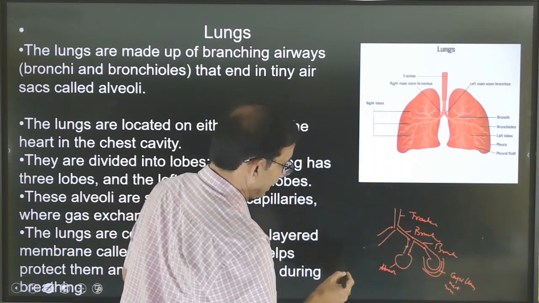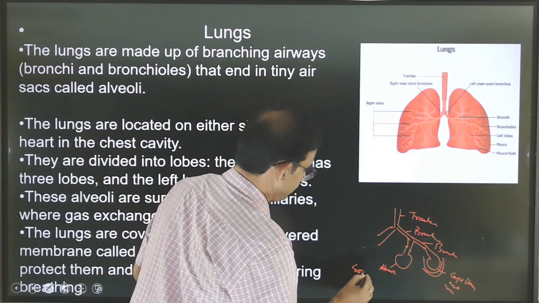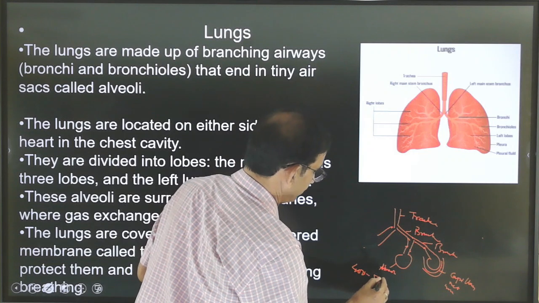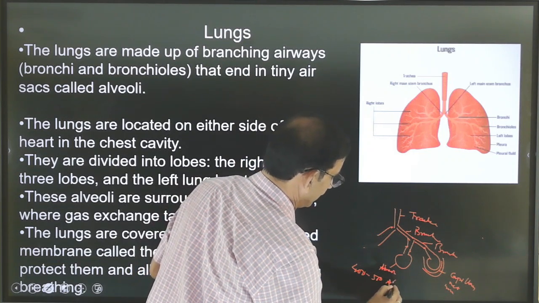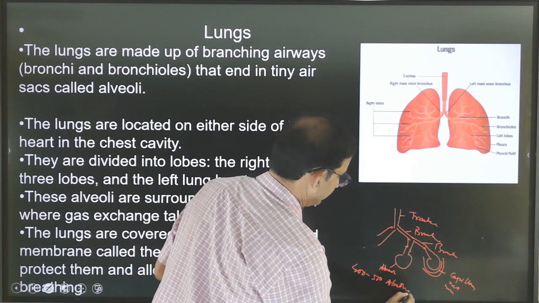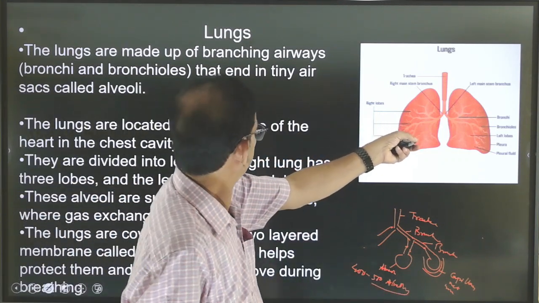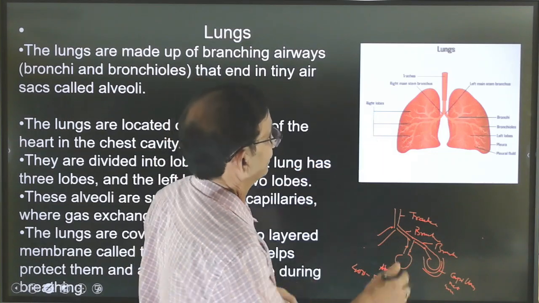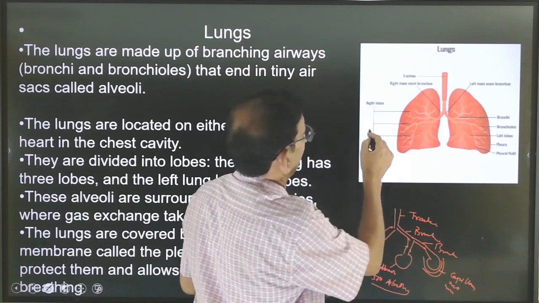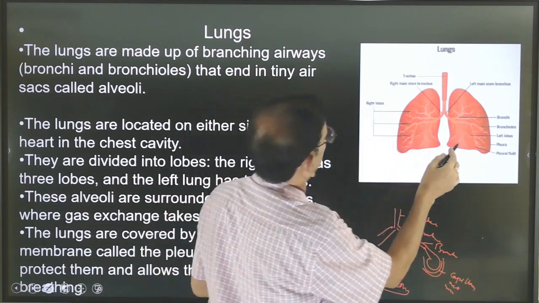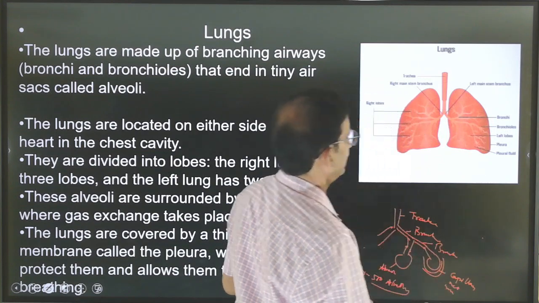In the lungs, there are about 400 to 500 alveoli. There are two lungs, the right lung and the left lung. The right lung has 3 lobes, the left lung has only 2 lobes.